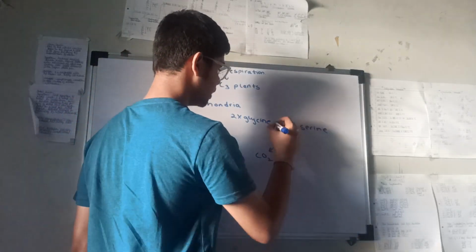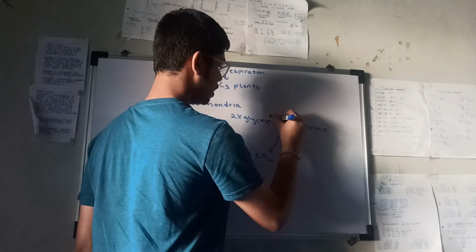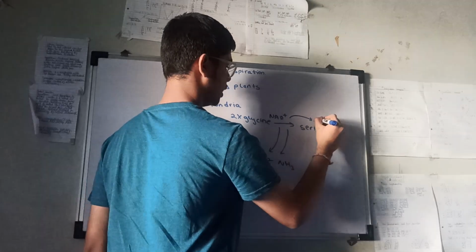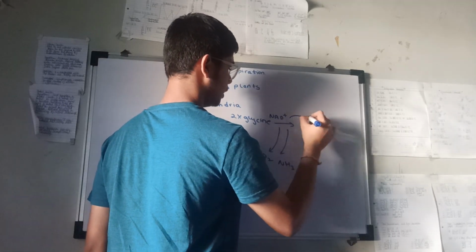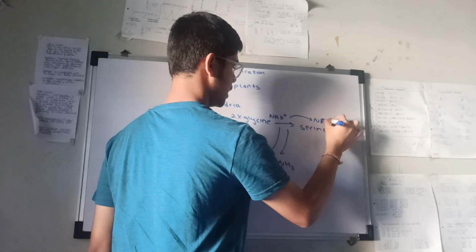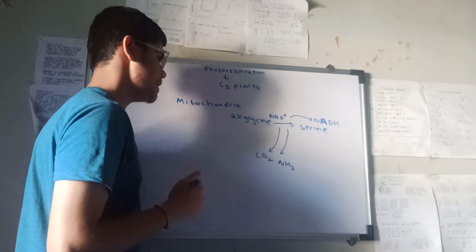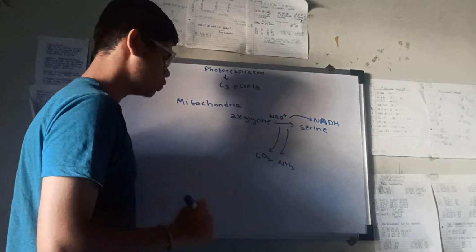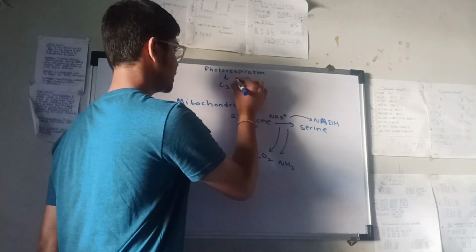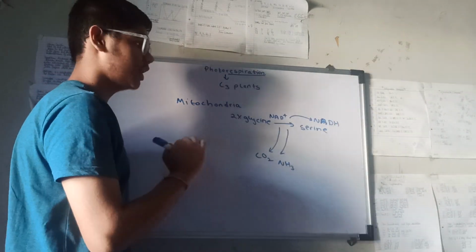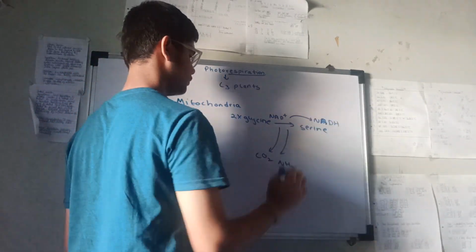And the NAD plus will be converted into NADH. Here you are remembering that it is respiration, so we are using NAD plus over here, and it's getting converted into NADH.